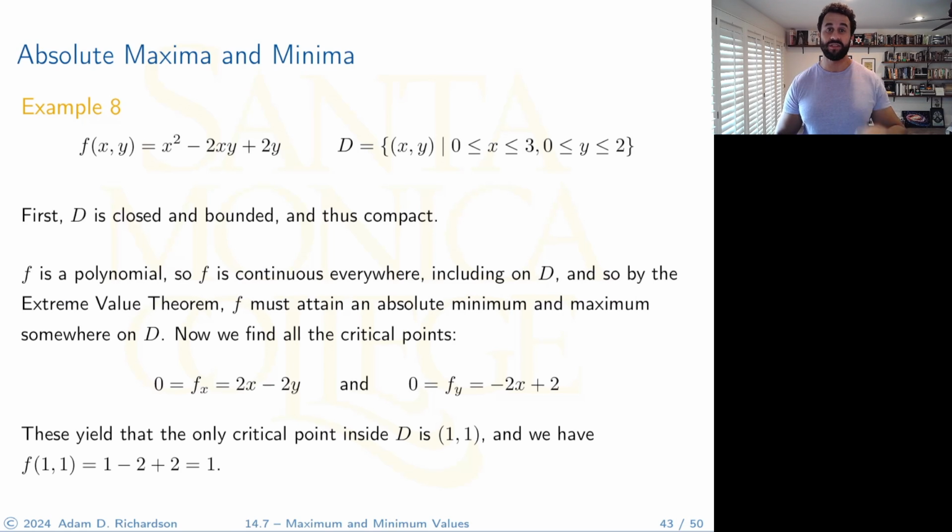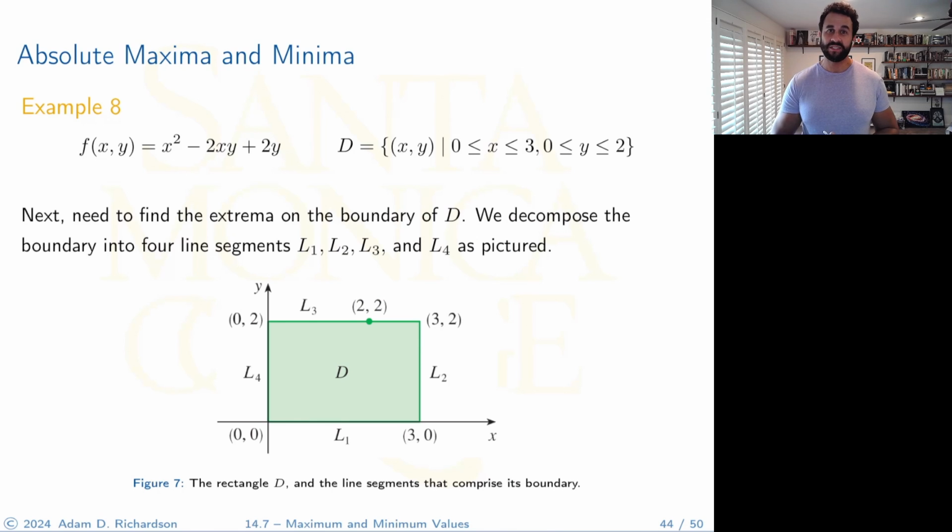Now here is where things are going to get a little bit tedious. So let's go. What we need to do next is find the extrema that are on the boundary of D, so basically on the actual bounding rectangle. The way we do this is we decompose the boundary into 4 separate line segments and then analyze the function on each one of those line segments.